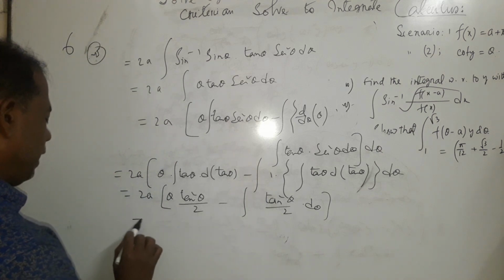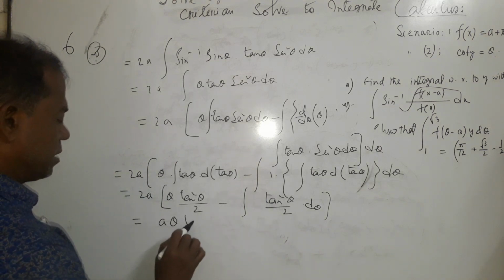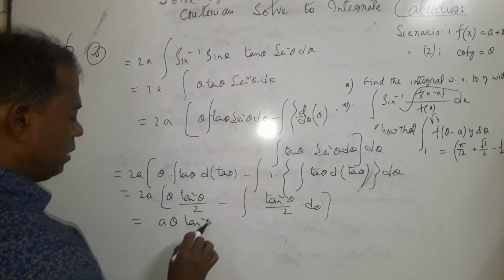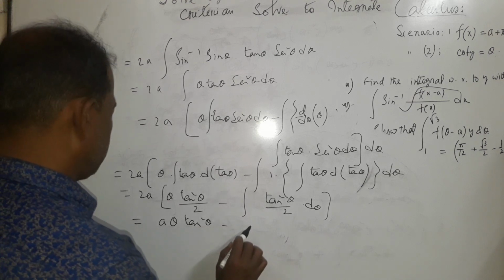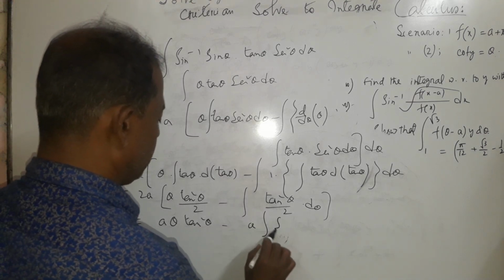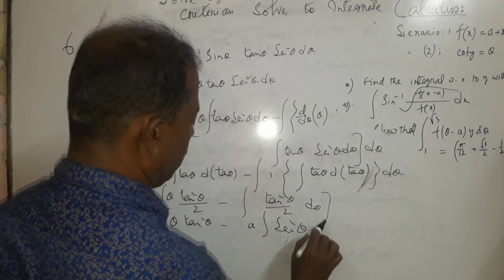That's why a theta tan square theta minus a times the integration of sec square theta minus 1 d theta.